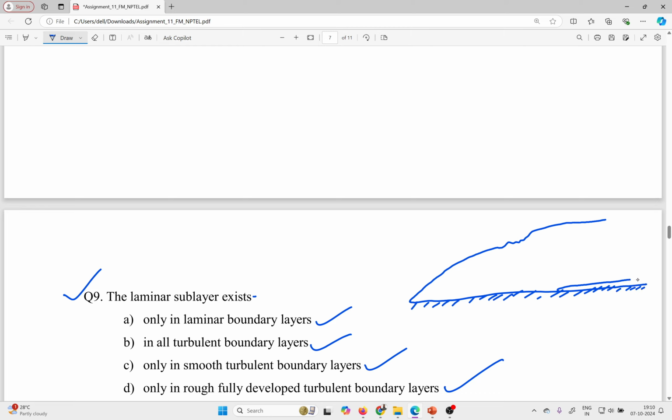Plate. This is the laminar sublayer. Up to that much, laminar zone.